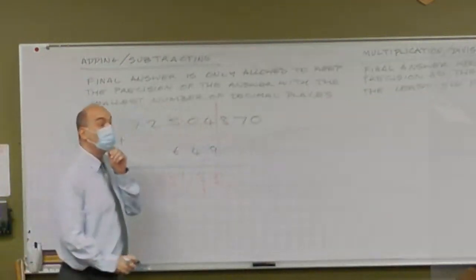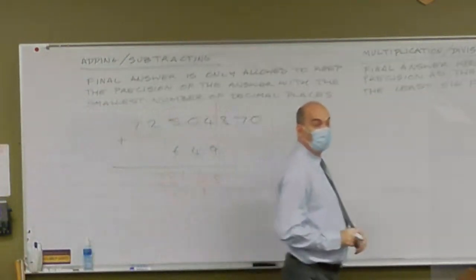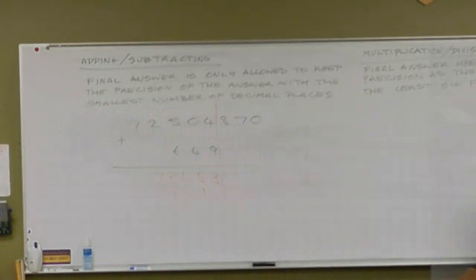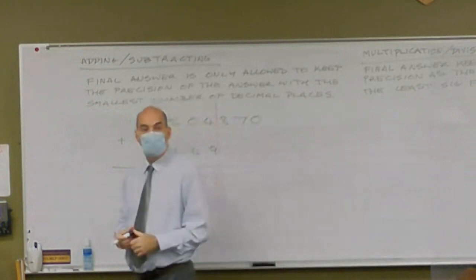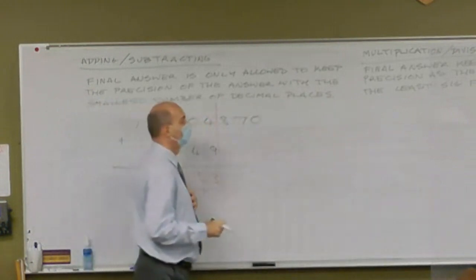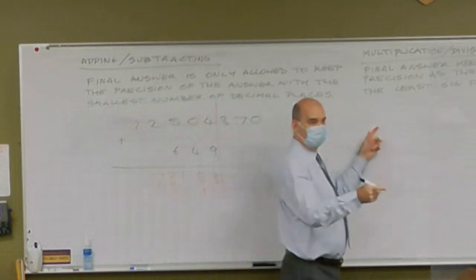So if I'm multiplying two numbers together, whichever one of those numbers has the least number of significant figures, that's the number of significant figures that are going to be in your final answer. Okay?